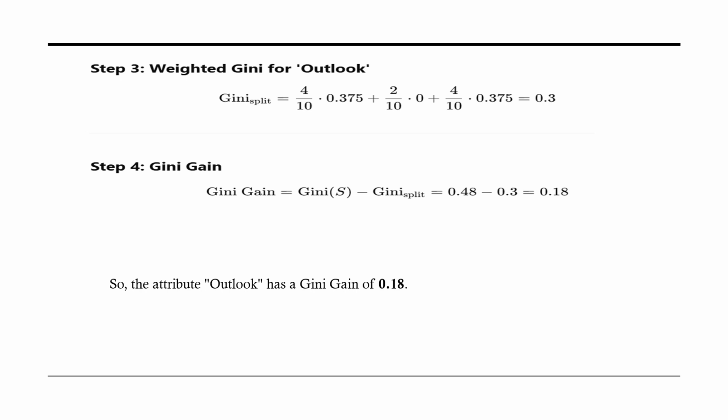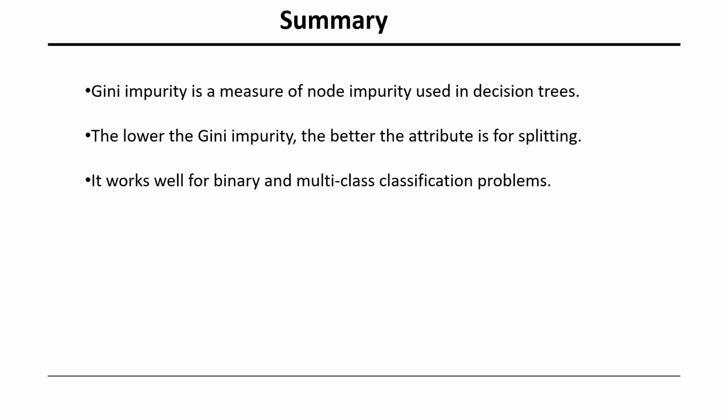The Gini gain is going to be 0.48 minus 0.3. That is, the total value minus the Gini value for the outlook that we got, so we are finding the difference between the total value and the split data. That value will give around 0.18. So the attribute outlook has a Gini gain of 0.18. So this is how we calculate the Gini.